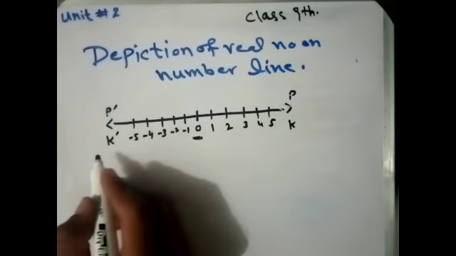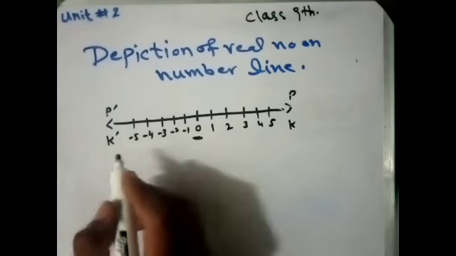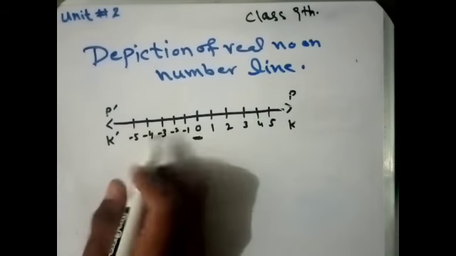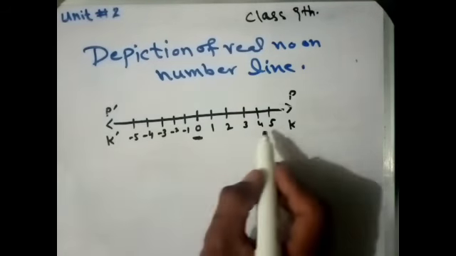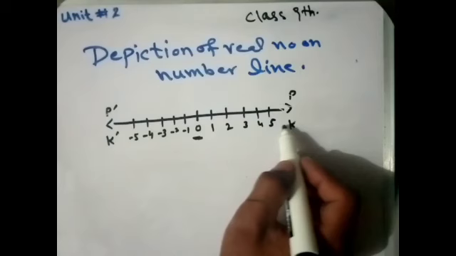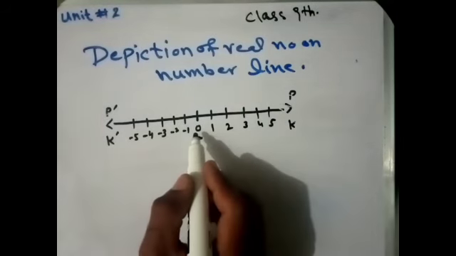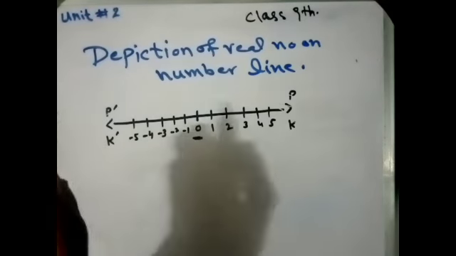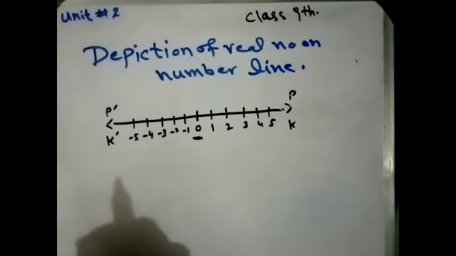The numbers to the left of 0 are negative. Some real numbers are located on the right hand side, all positive numbers, and to the left hand side of 0, all numbers are negative.